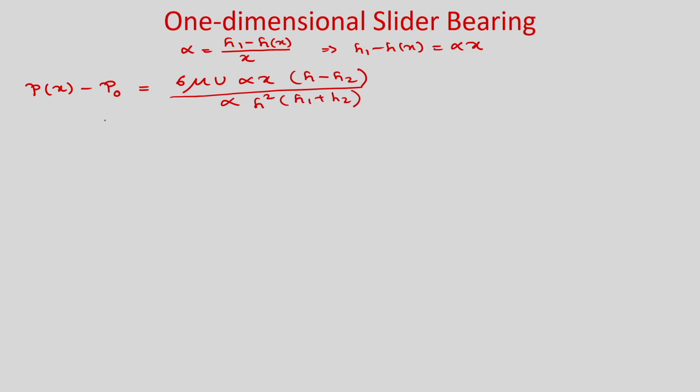Okay. So, now we can simplify and find the pressure distribution from this equation. So, it will be 6 mu u, this alpha will get cancelled. So, you will get x into H minus H2 divided by H square into H1 plus H2.